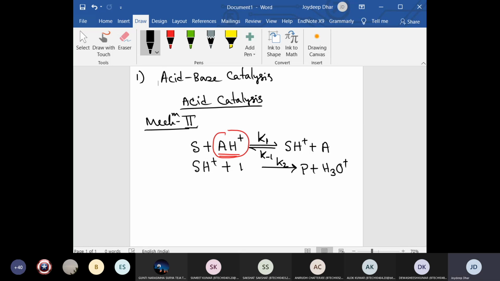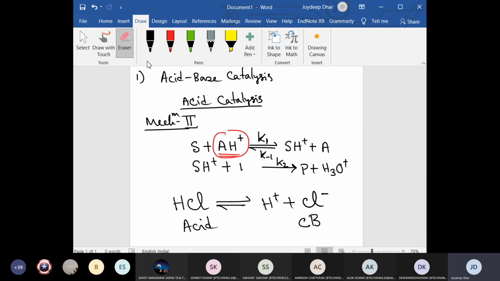Okay, so that type of reaction also, you can derive the rate constant. The only thing is the AH plus, whatever acid you take, let me say HCl, then it is H plus Cl minus. It is an acid, its anion will be the conjugate base. Okay, so that conjugate base we can write as just Cb.